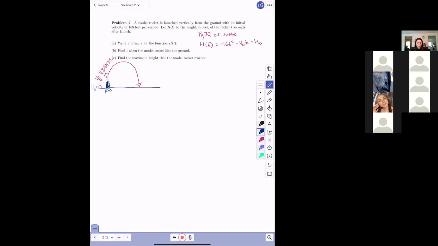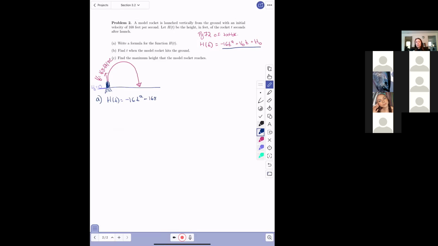For part A, we want to write a formula for the function h of t. So h of t is equal to, we're just going to plug what we need into here. So -16 t squared plus our initial velocity, which is 168. Is the -16 just like a constant?